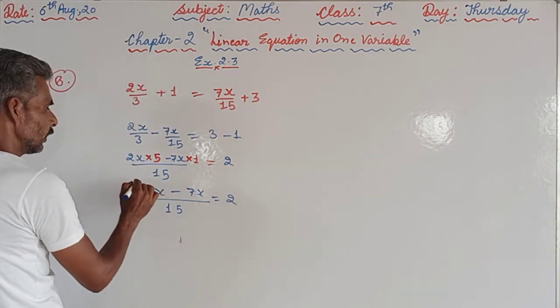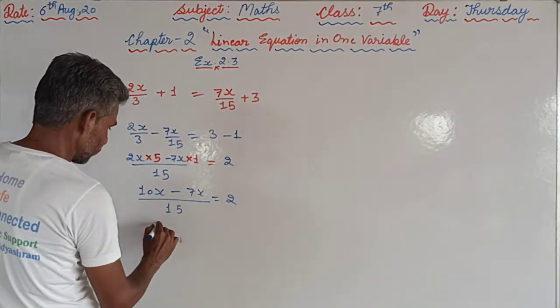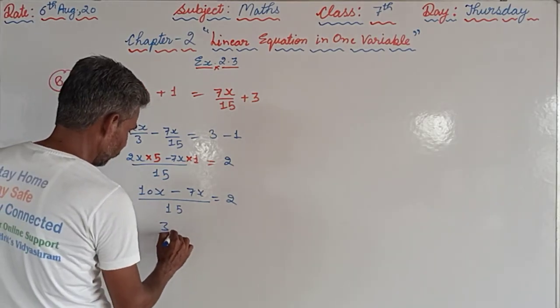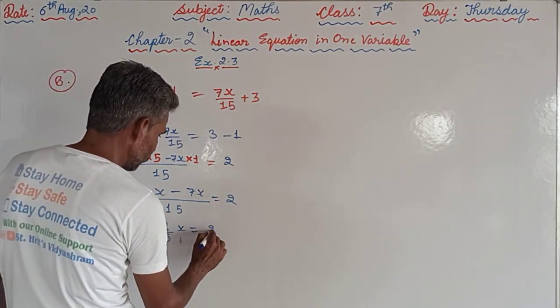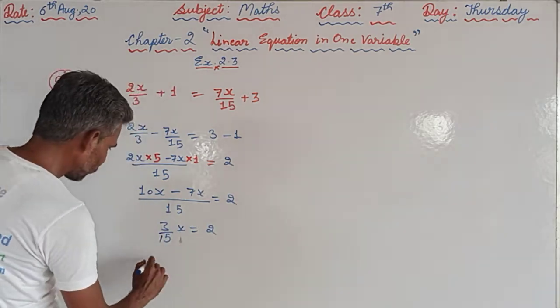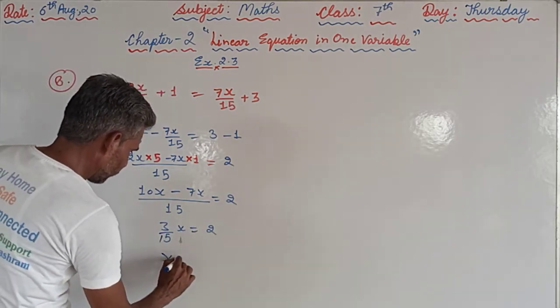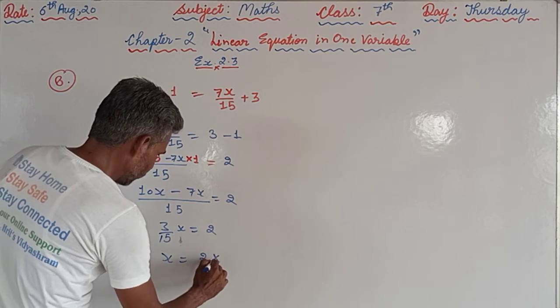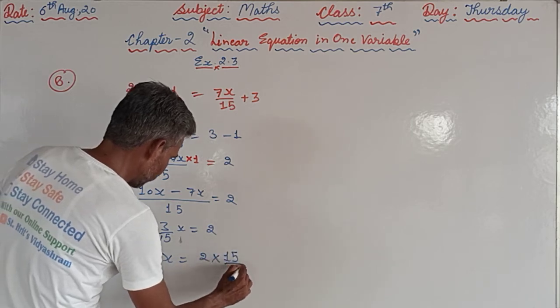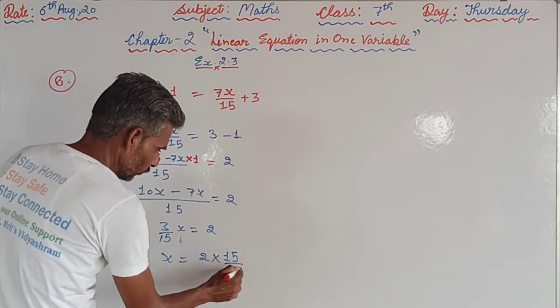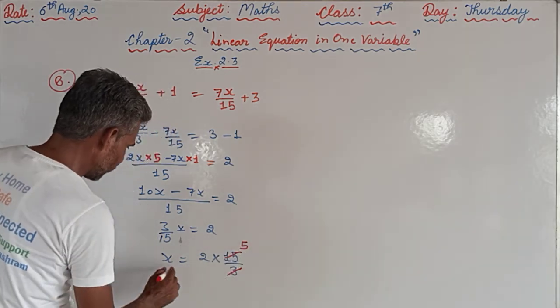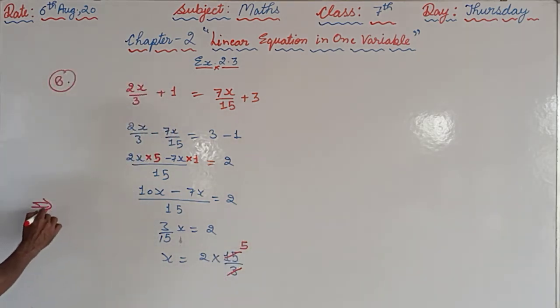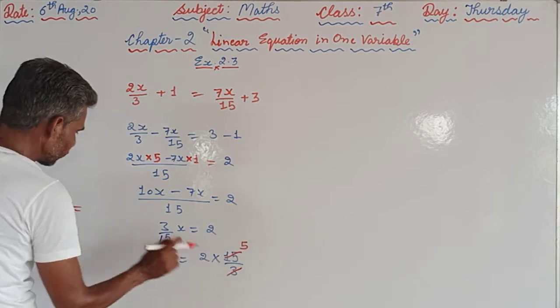That implies 10x minus 7x, that is 3 upon 15x is equals to 2. So x will be equals to 2 into 15 upon 3. So 3 5 ja 15, from here we got the value of x is equals to 10.